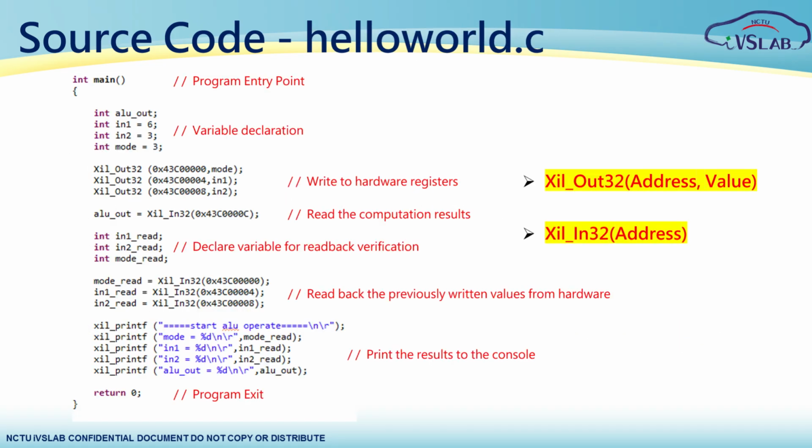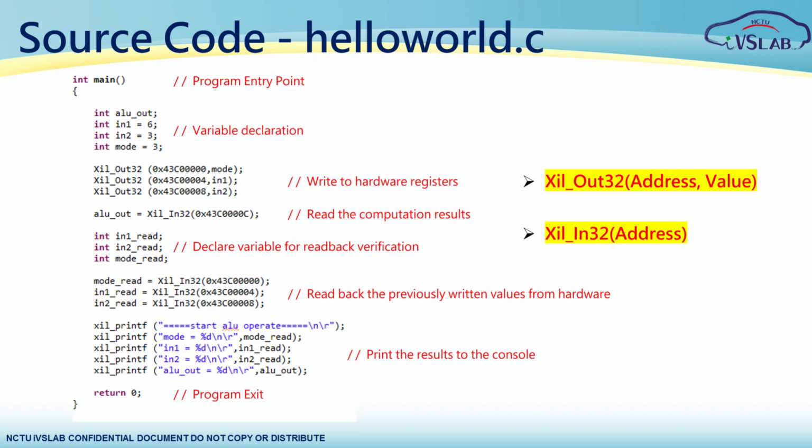Moving on to the software implementation phase, we will write C code to drive the hardware circuit we just built. At the very beginning of our program, we declare our variables inside the function. Next, we call the out32 function to write our operation mode and operand values directly into the slave's internal registers.